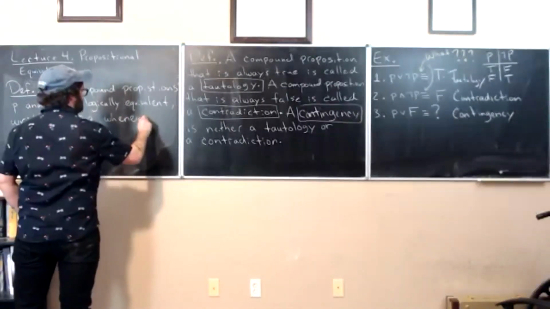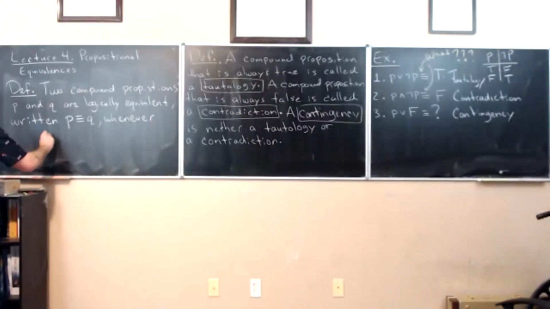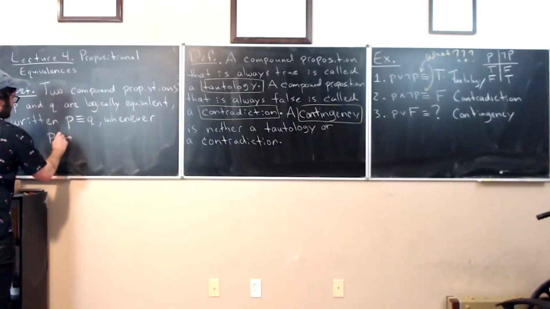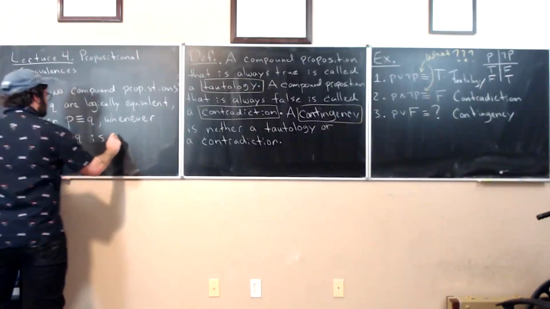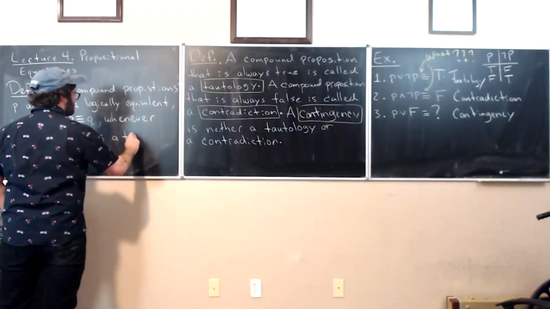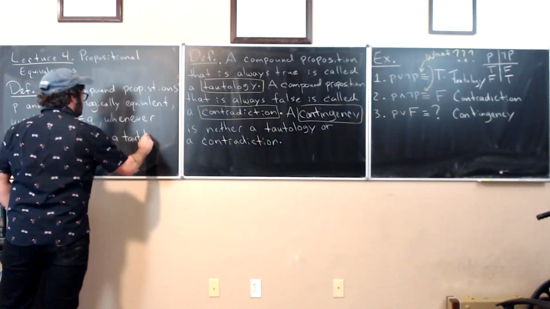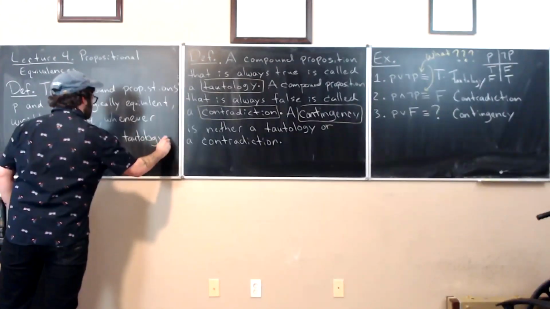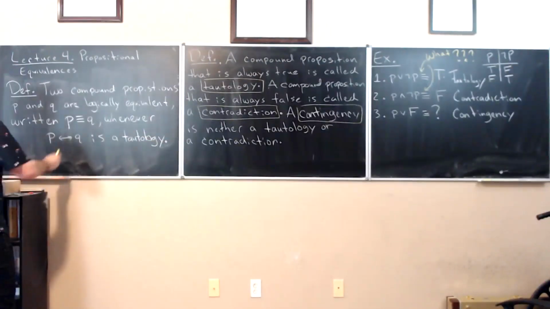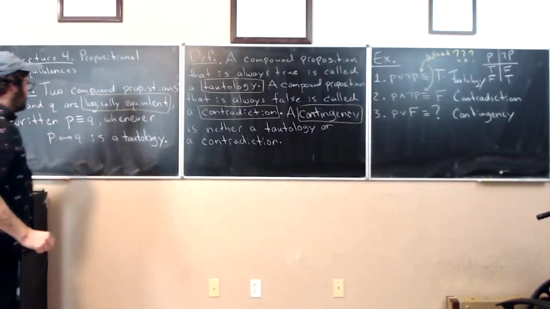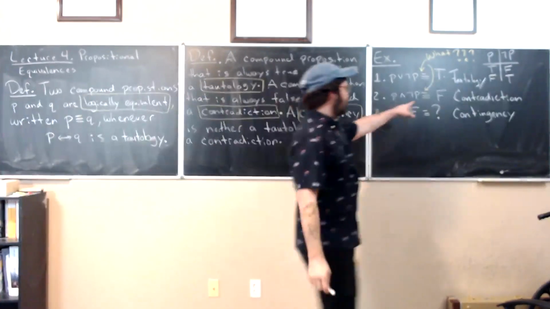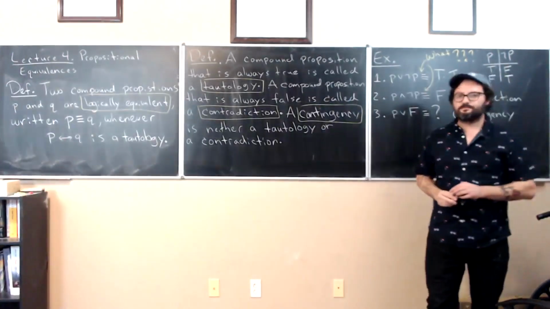whenever P if and only if Q is a tautology. So this is what that triple equal sign means.